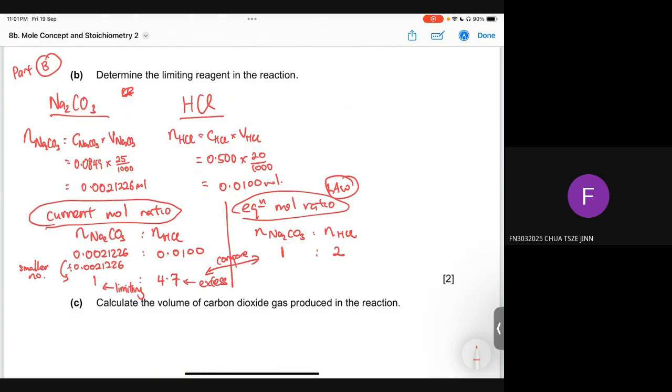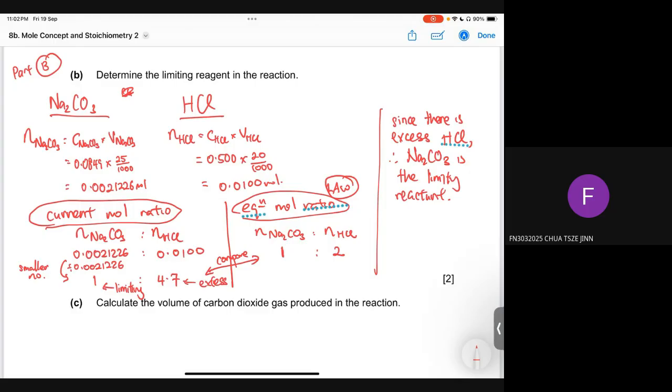Okay? So based on this, what you can now conclude is that since there is excess HCl, therefore Na2CO3 is the limiting reactant.